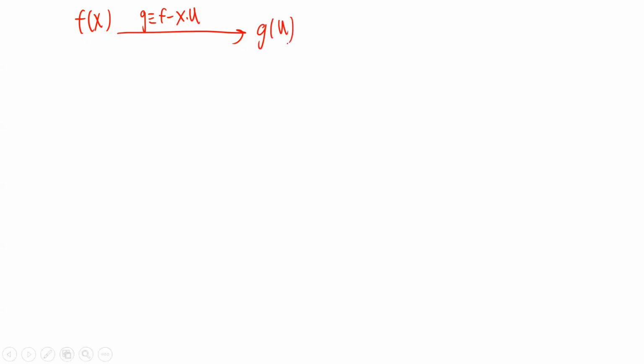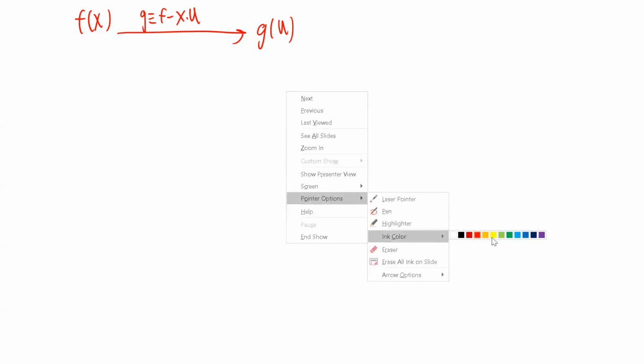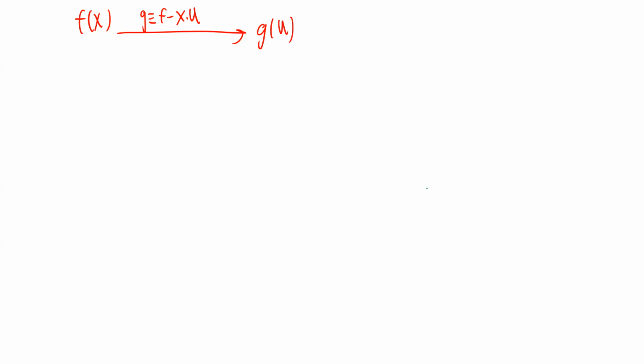Now imagine that I give you g of u without giving you f of x. Then what you need to do to get back to f of x is the following. From this definition here, you can see that f has to be equal to c plus x times u.